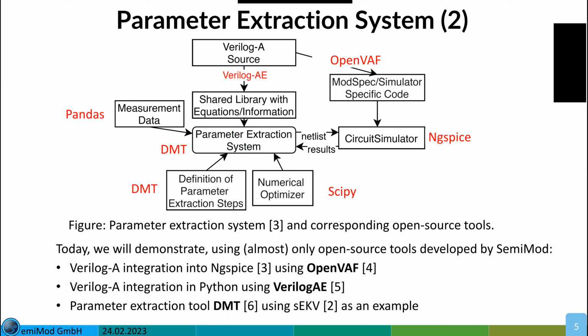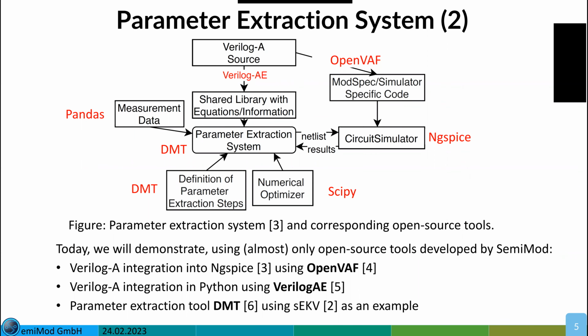Our parameter extraction system is called DMT, and we have open sourced a large part of it. That's basically the glue where everything comes together. For data management, we use Pandas, which is a very popular library, especially for machine learning in Python. For circuit simulation, we use many different simulators, but if we talk about open source, NGSpice and Xyce are the main tools.